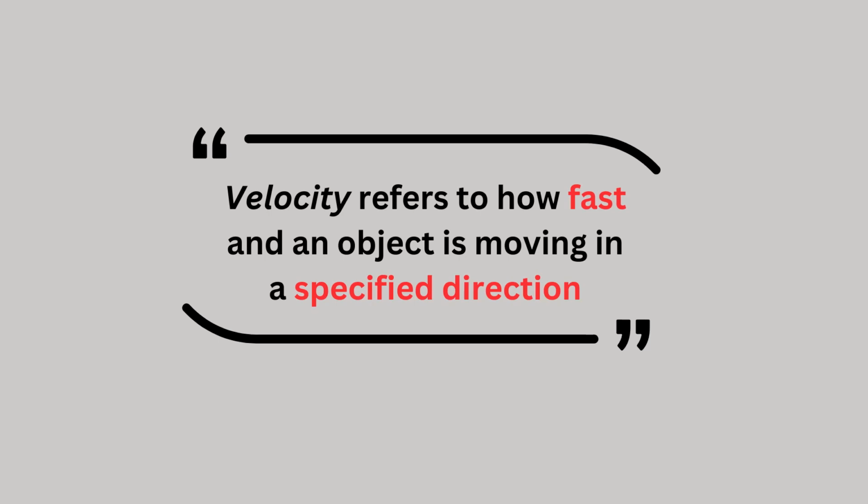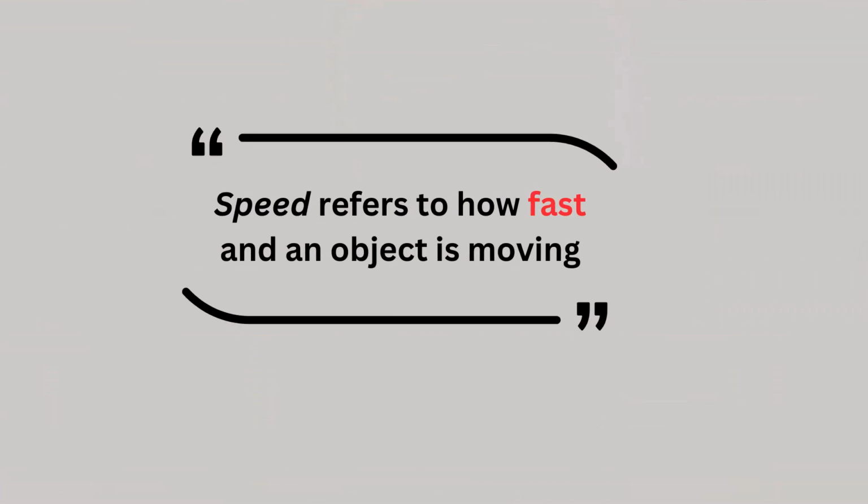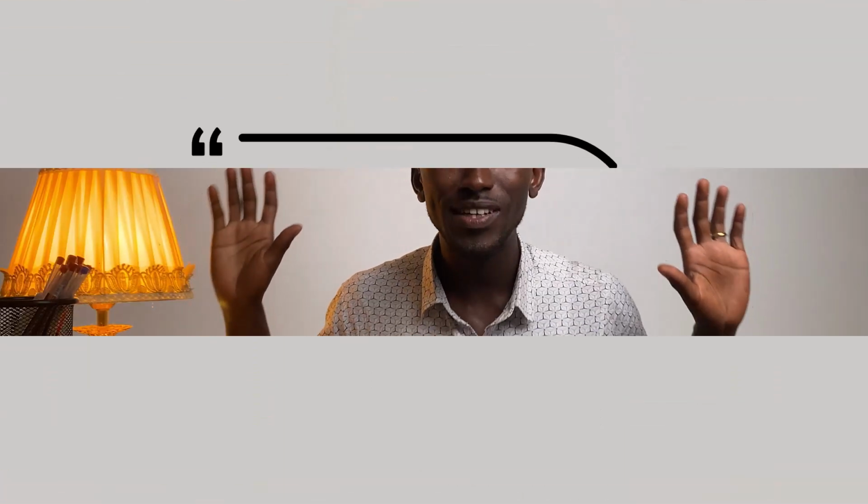I take that again. Velocity refers to how fast an object is moving in a specified direction. Meanwhile, speed refers to how fast an object is moving. So speed is a scalar quantity and velocity is a vector quantity.